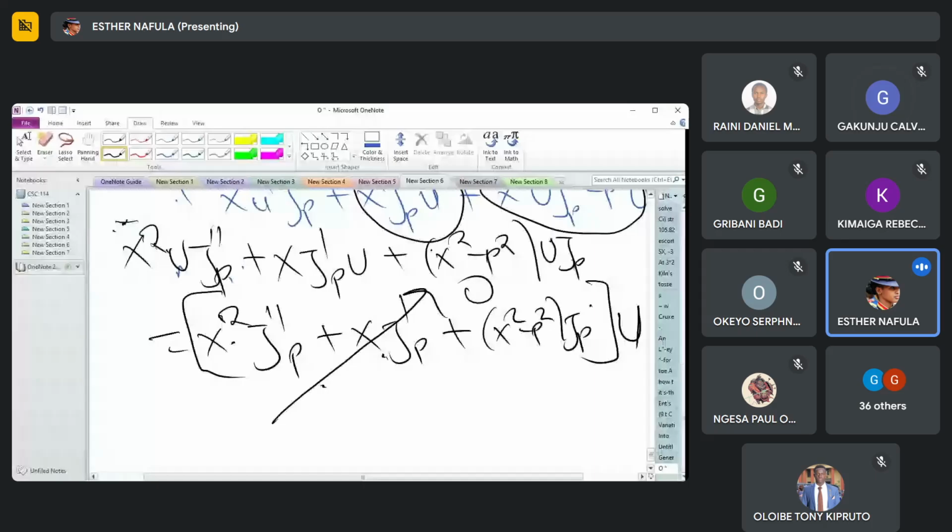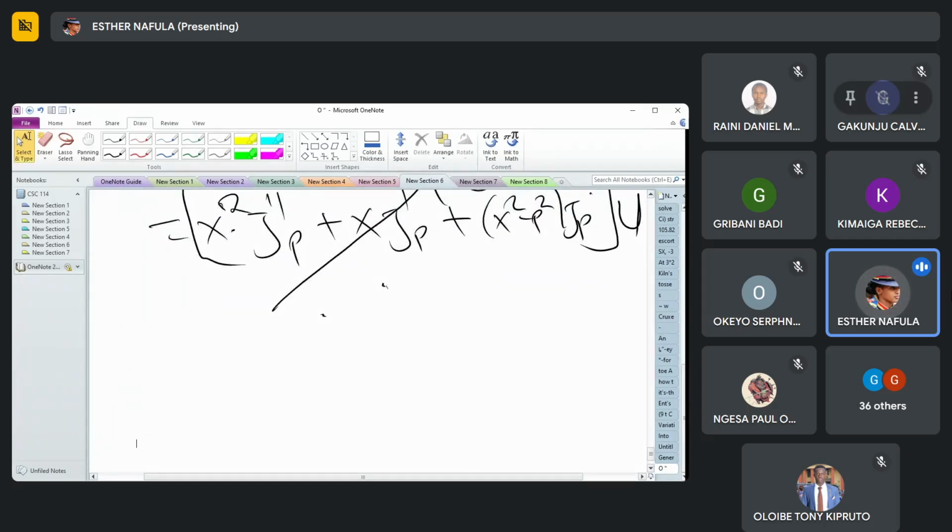Yes. So if the sum of these three terms gives you 0, what terms do we remain with? We need to set the remaining terms equal to 0 and then try to determine what our function u needs to be. What do we have?